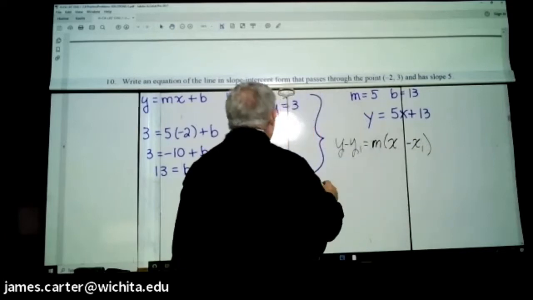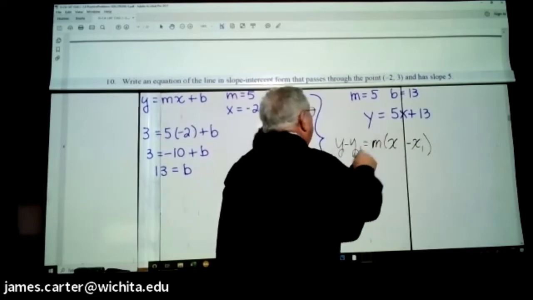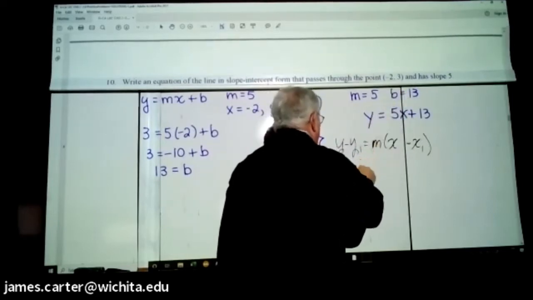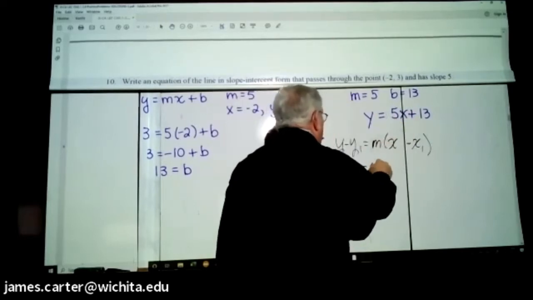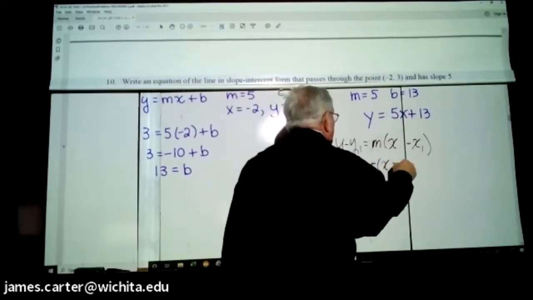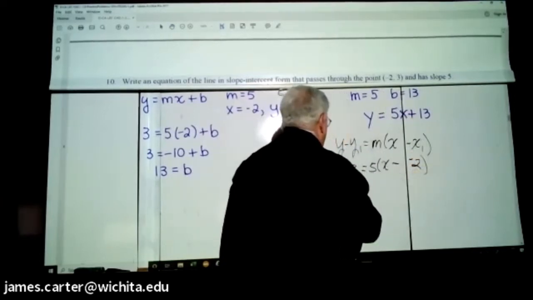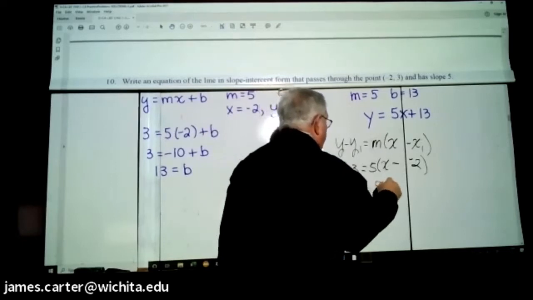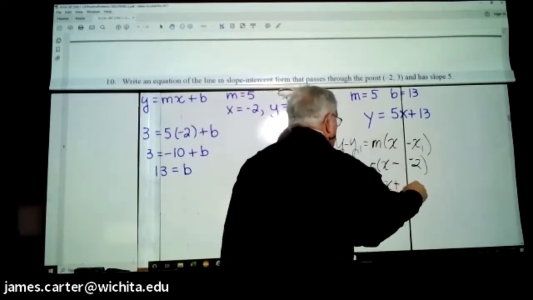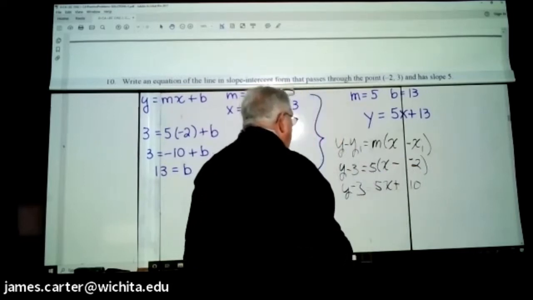Then we substitute in the information they give you. y minus 3 equals m, which is 5, times x minus negative 2. So y minus 3 equals 5x plus 10. Negative gives you positive.